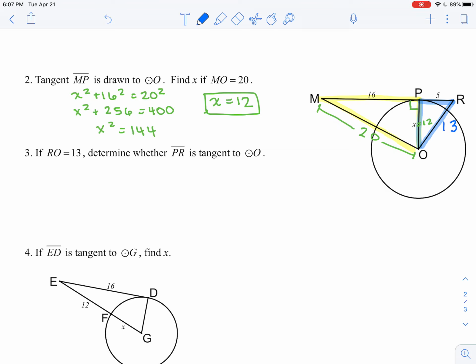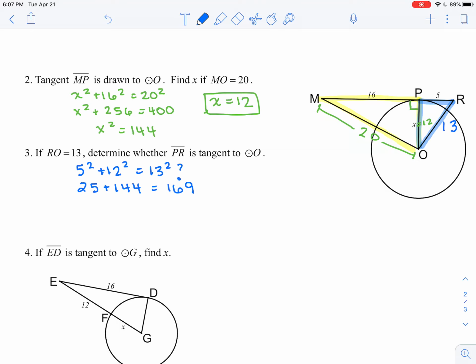So we can use the 3 sides of the triangle and the converse to Pythagorean theorem to check that this is in fact a right triangle. So here we would plug in 5 squared plus 12 squared equals 13 squared, and we want to know if that's true. 5 squared is 25, 12 squared is 144, 13 squared is 169.